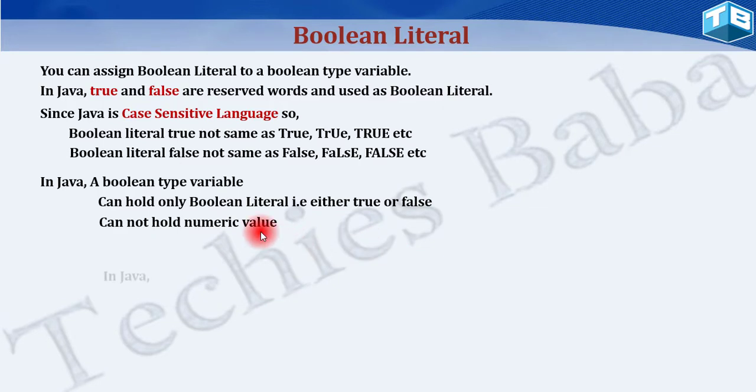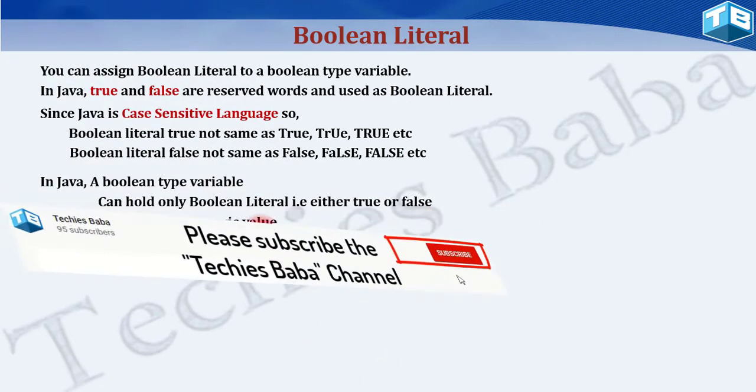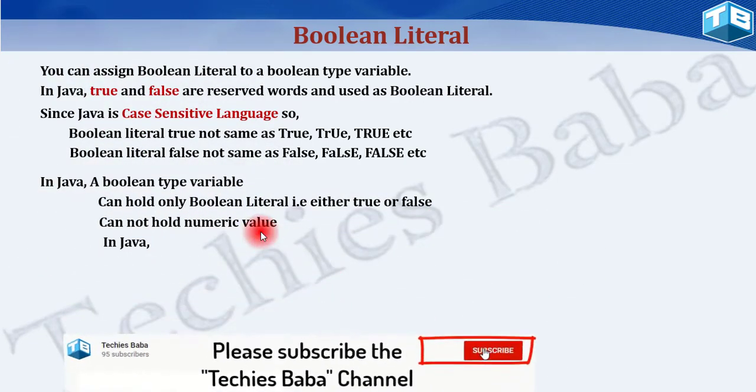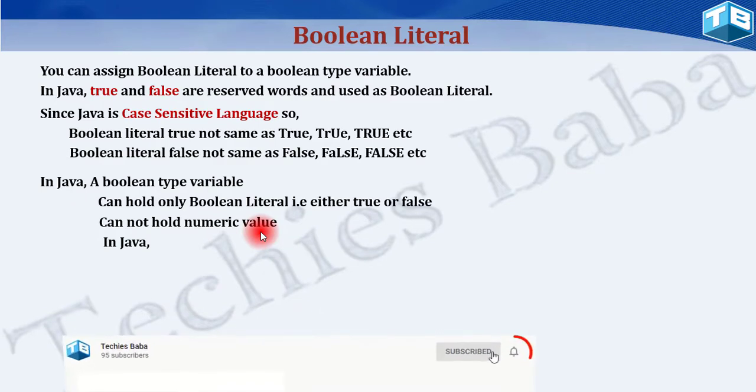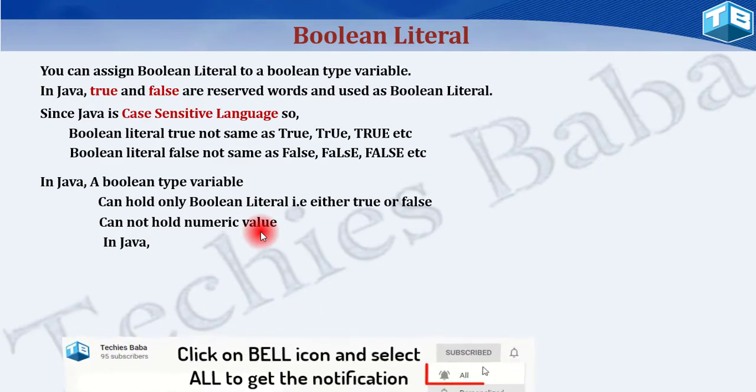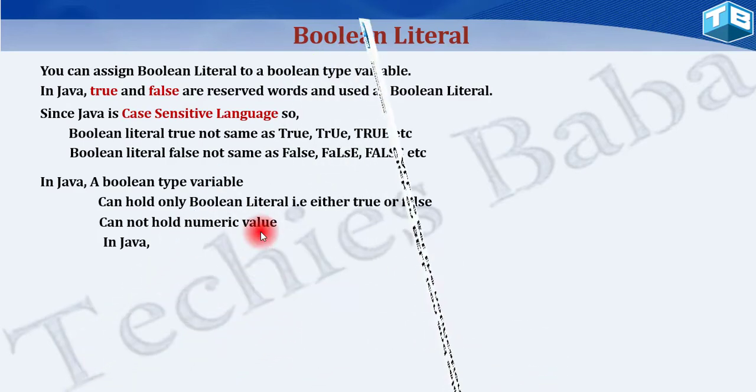If you compare this language with other programming languages, let's just say with C, in C the 0 can be considered as false and non-zero values like 1 can be considered as true. But Java is purely a type-specific, type-restricted language. So for Boolean, we have true and false.